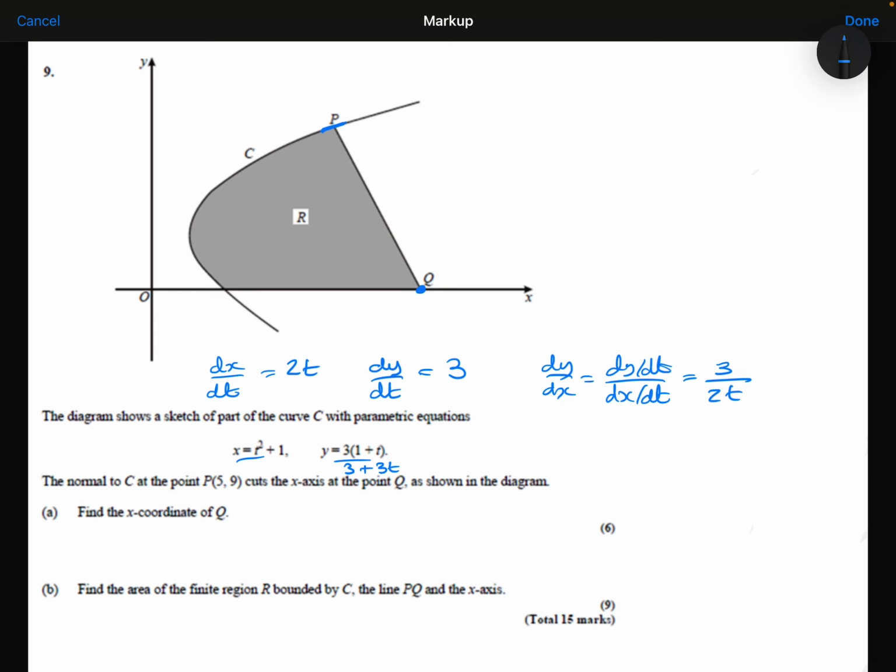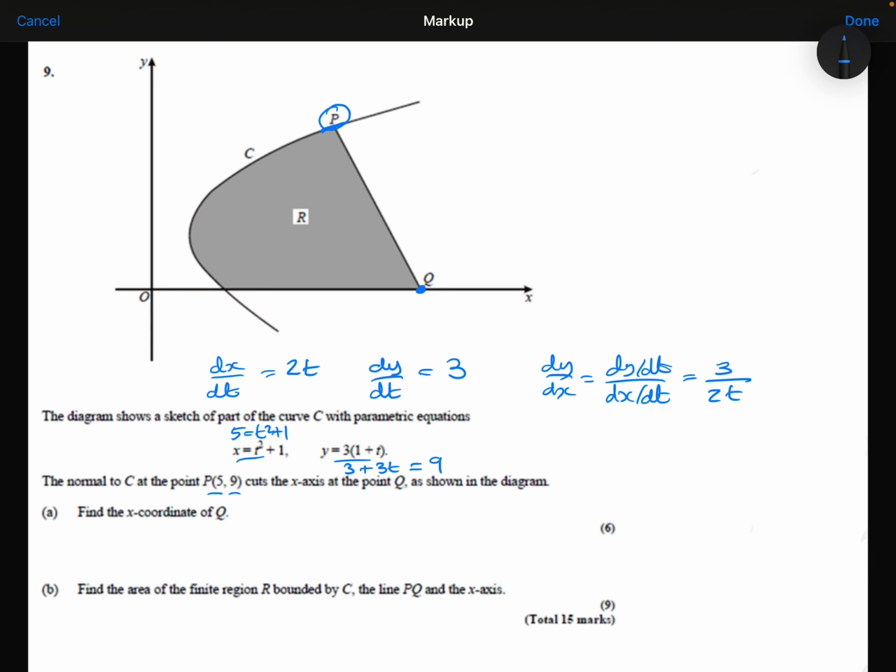Now to actually work out what the gradient is at point P, I'd like to know what t is at point P. I don't know that just yet. I know the x-coordinate is 5 and the y-coordinate is 9. So I could say that 5 equals t squared plus 1, and also 3 plus 3t is going to equal 9.